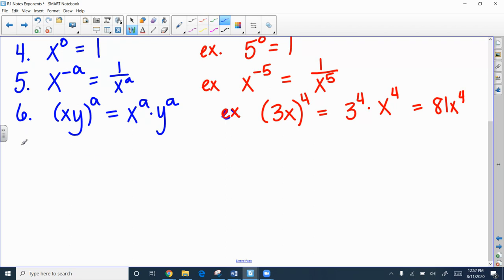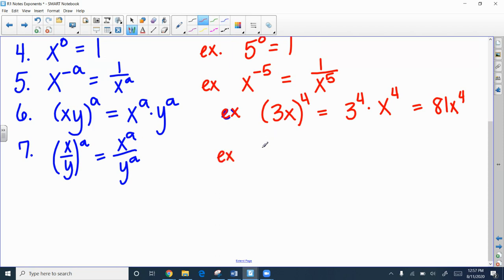And we have a similar rule to number 6, but rather than the 2 bases being multiplied, the same rule applies if they are divided like this, x divided by y, or x over y to the a power. This is equal to x to the a over y to the a. So again, the 2 bases are different, but I'm raising everything in the parentheses to the a power.